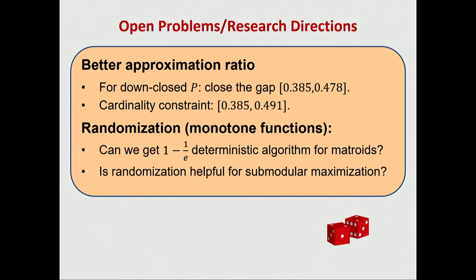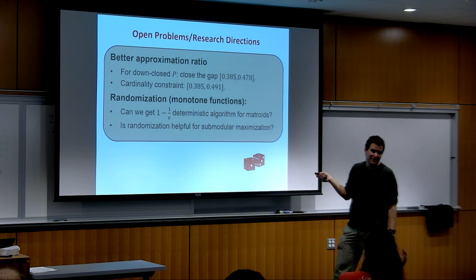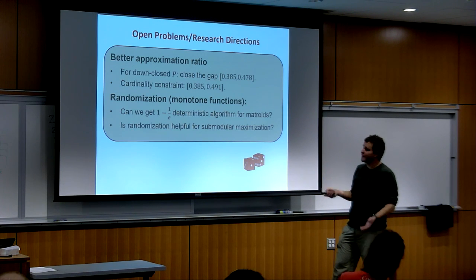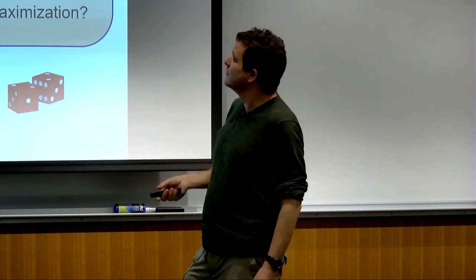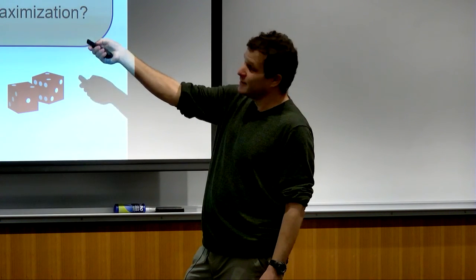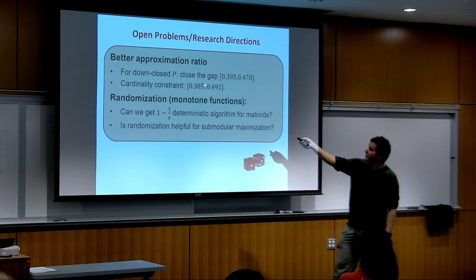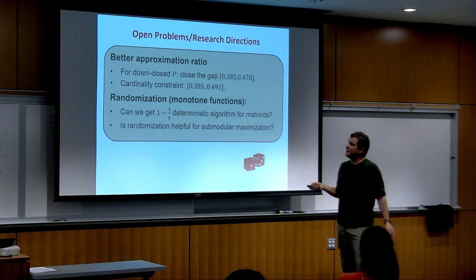My guess is that both upper and lower bounds are not tight, so you should be able to improve both of them. And again, this is quite simple. For a modular function, think about a partition matroid. Just get the right bound. Even for cardinality constraints, in the non-monotone case, there is still a gap. So it is unclear with non-monotone functions what value you can get.